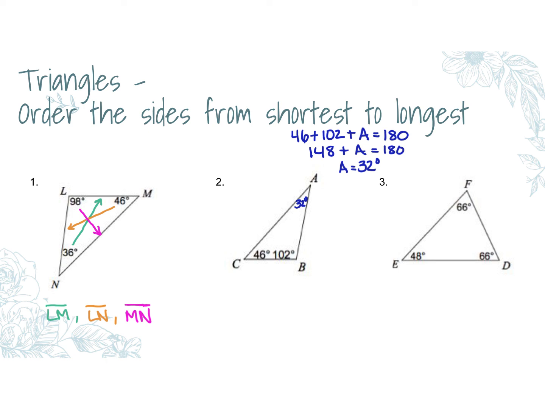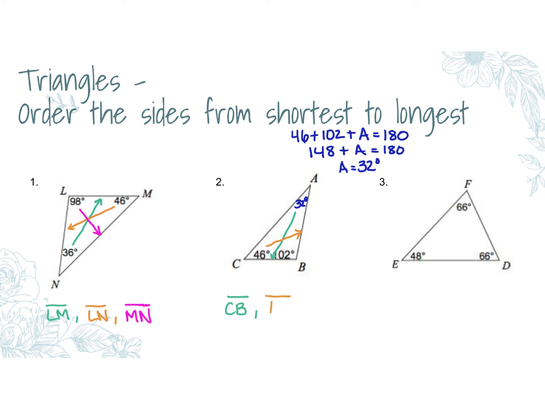Next, I would want to find my smallest angle. That would be angle A, and draw an arrow across to its opposite side. Side CB is our shortest side. Next, I would want to find my middle angle, angle C, 46 degrees, and draw an arrow across to its opposite side.